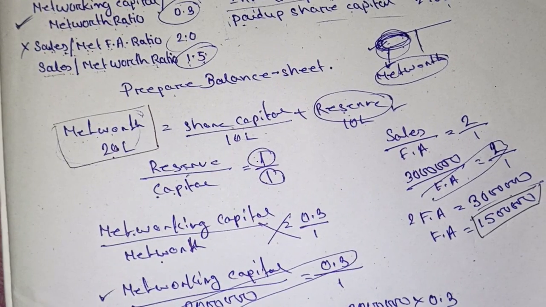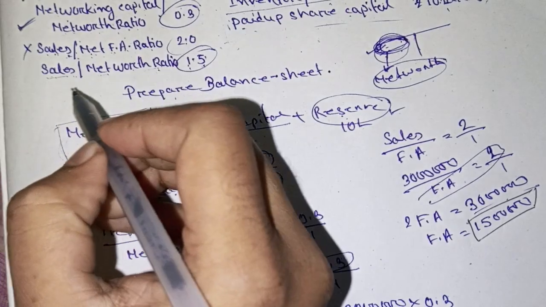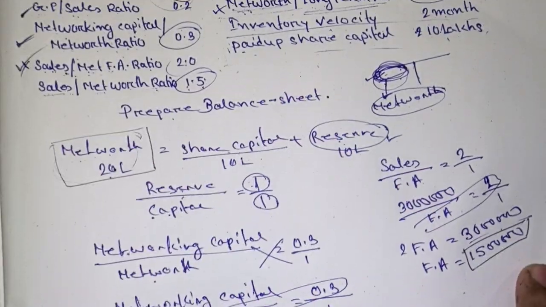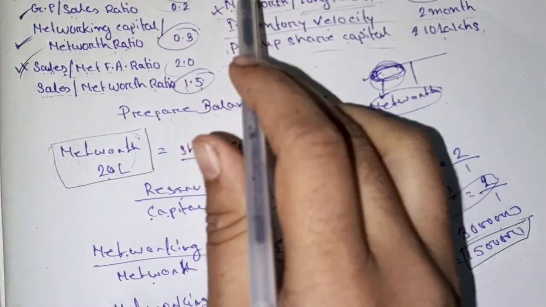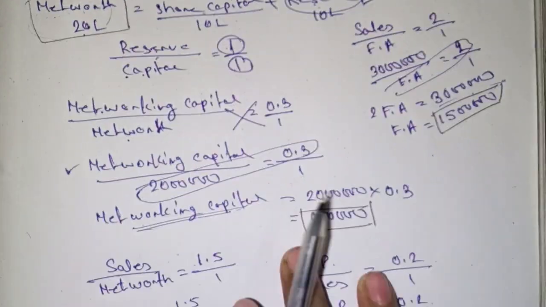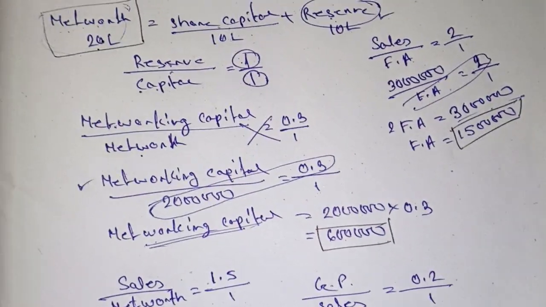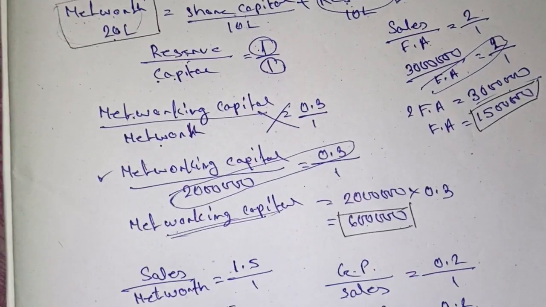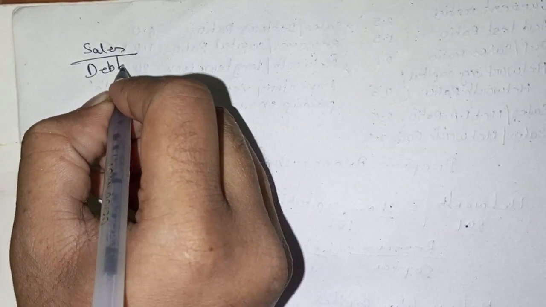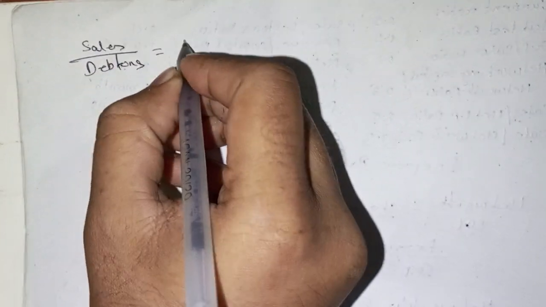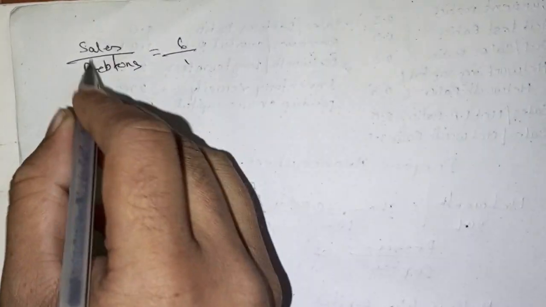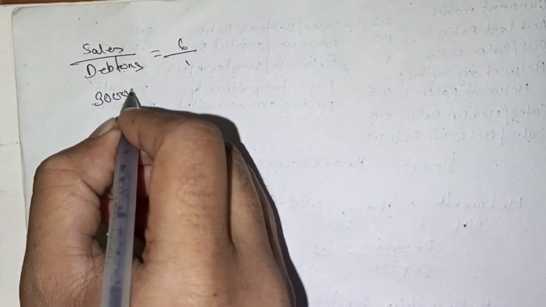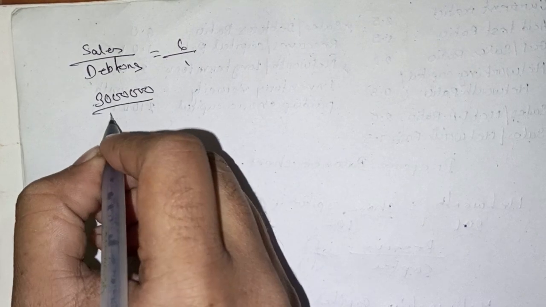Then we have completed it. Now sales by debtors ratio. Okay, so write it here: sales by debtors equal to 6 by 1. So sales is 30 lakhs and debtors is missing.